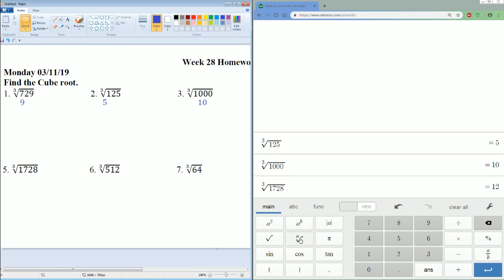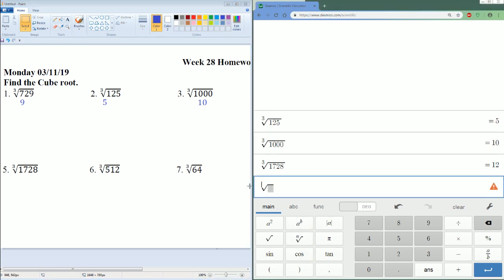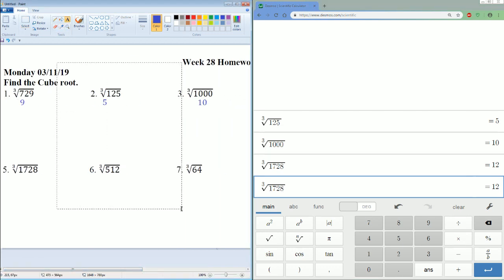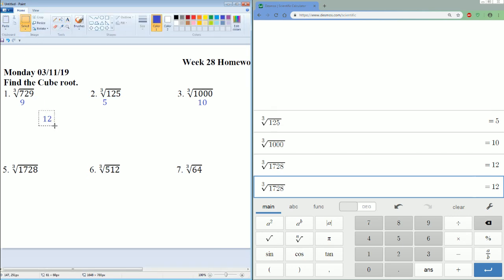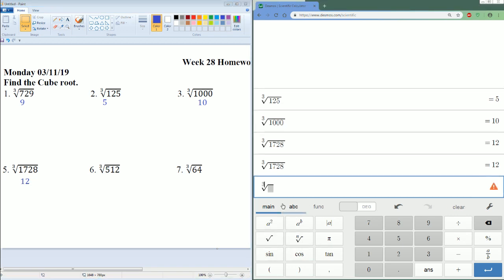What about number 5? Press that n square root button. Enter the value of 3 for the cube root of 1728. That stands for the value of 12. Was that the same answer? Oh, it's the same question. That had a value of 12. Alright. Cube root, enter the 3 for the cube, 512.